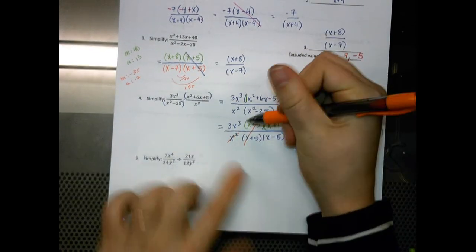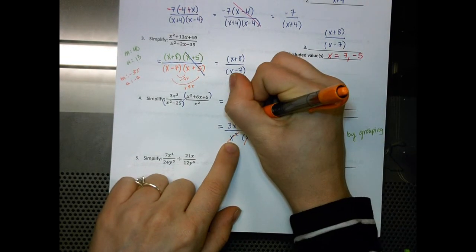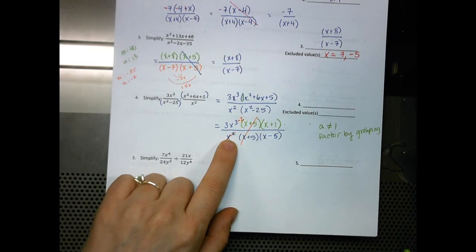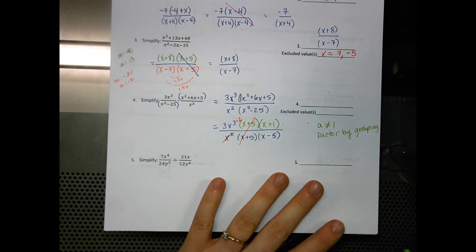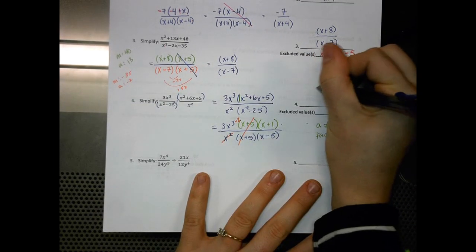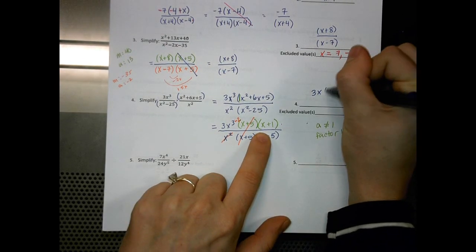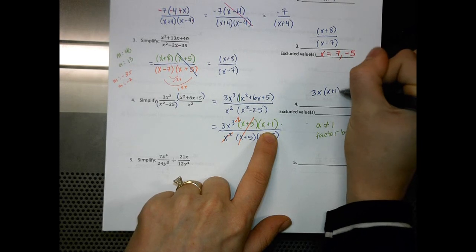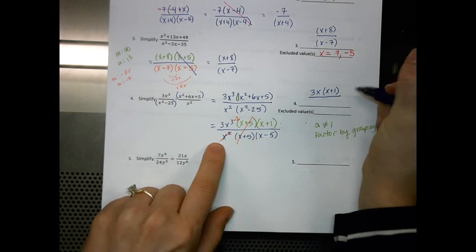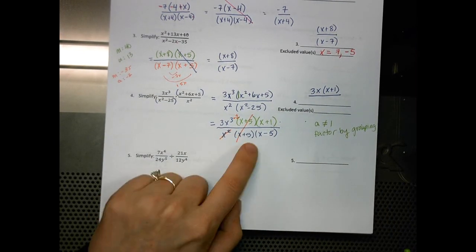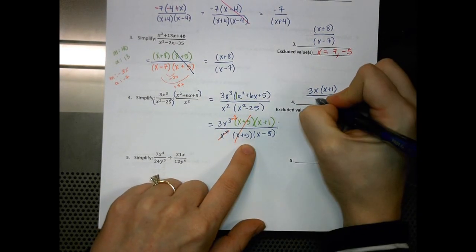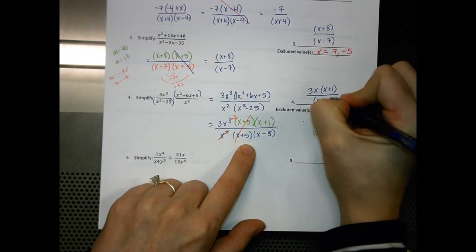I'm going to take these two x's that are in the denominator and subtract them from the 3 in the numerator. So that leaves 1 left over. So 3x. I still have an x plus 1 in my numerator. So the x squared reduced, the x plus 5 reduced, so I'm just left with x minus 5 in my denominator.